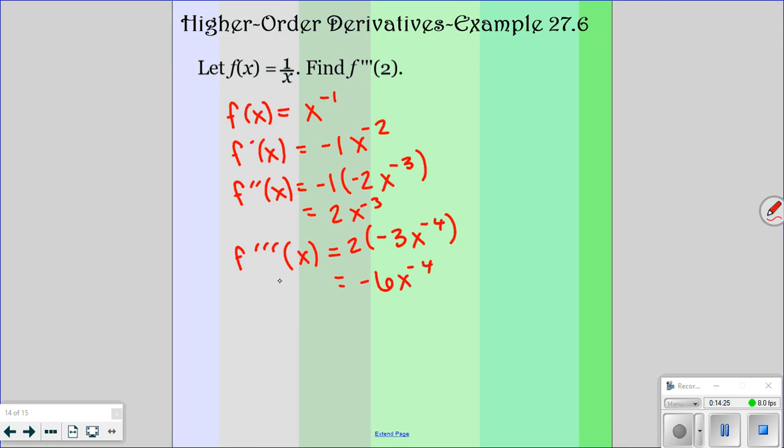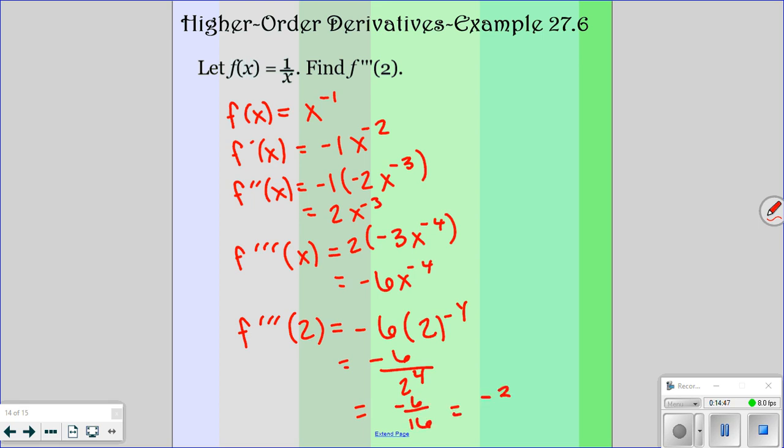Okay, so we've got the third derivative, and we need to plug in a 2. So f triple prime of 2 is going to be negative 6 and then 2 to the negative 4. So if you put the 2 to the positive 4 in the denominator, 2 to the 4th is 16. And so 6 over 16 is 3 over 8. And so that would be your answer for that one. Okay, so that's how you deal with higher order derivatives.